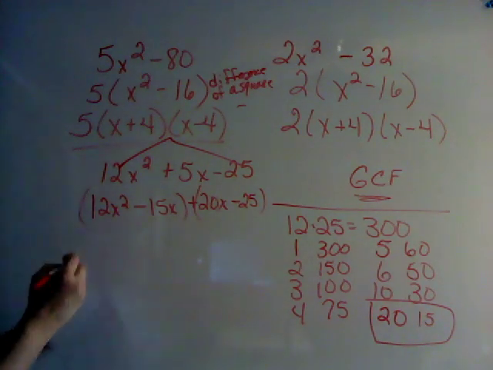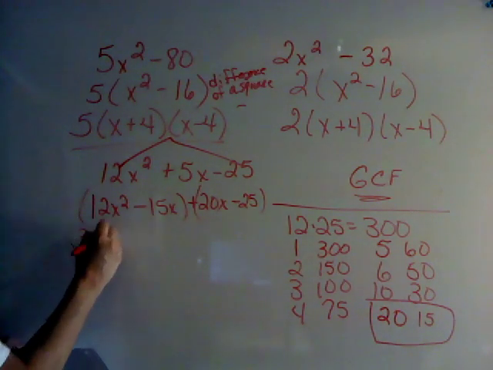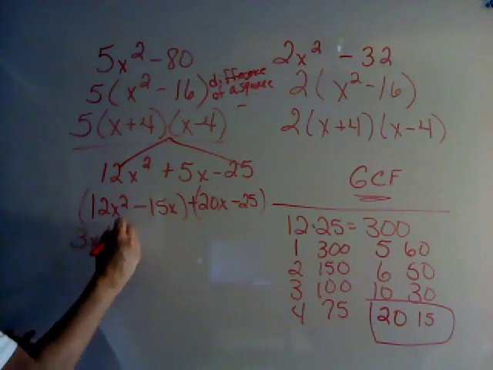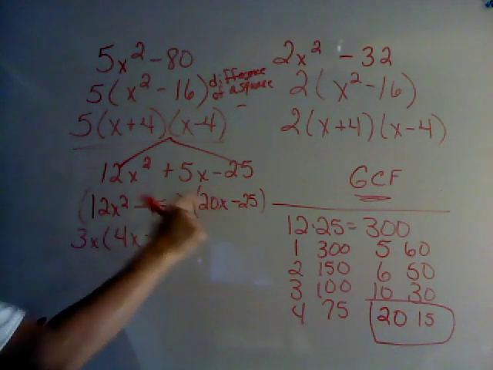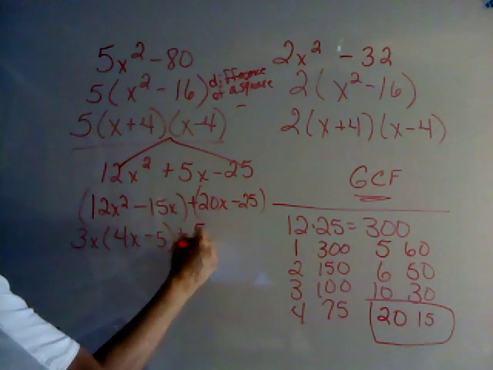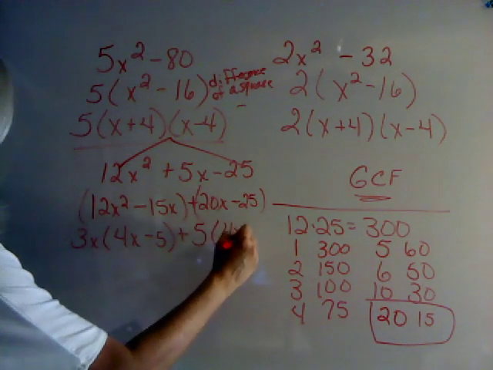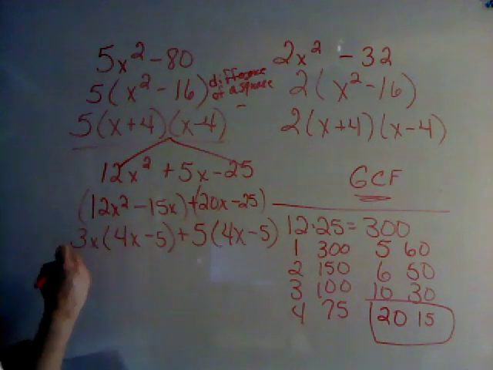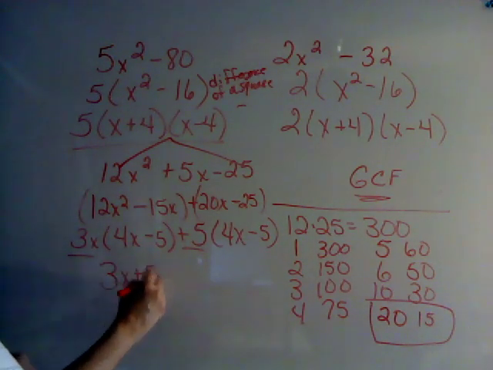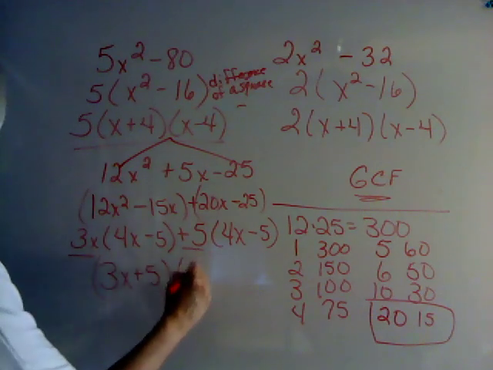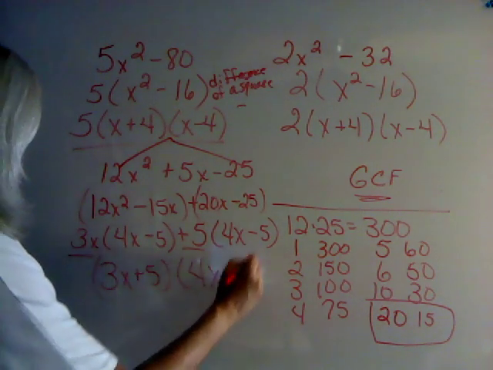Here I can factor out a 3x, leaving me with 4x minus 5, plus I could take out a 5, leaving me with 4x minus 5, and then I just have to group them together. 3x plus 5 times 4x minus 5.